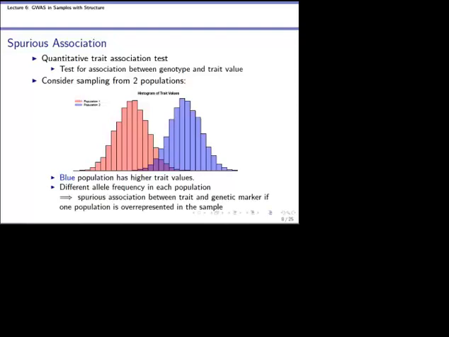So it's a spurious association between the trait and the genetic marker if one population is overrepresented. If individuals from population 1 are more likely to have the extreme phenotype and they're overrepresented, then you're going to find an association at any marker where there are differences in allele frequencies between these two populations.